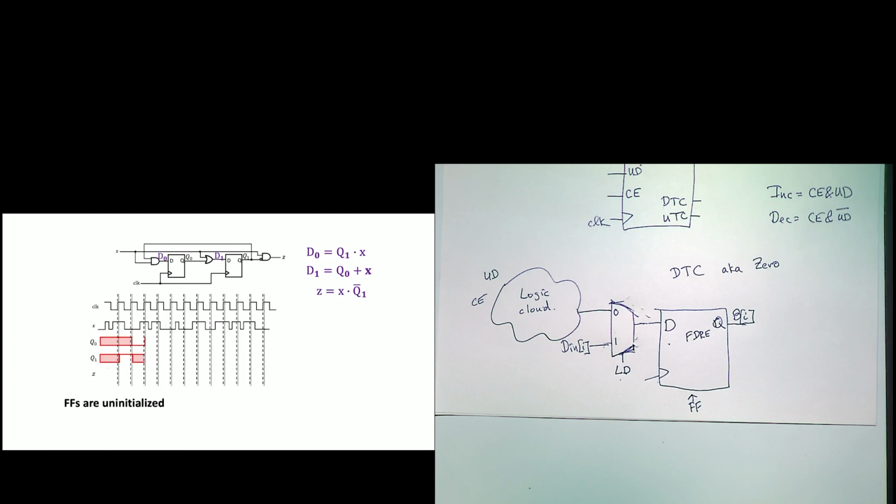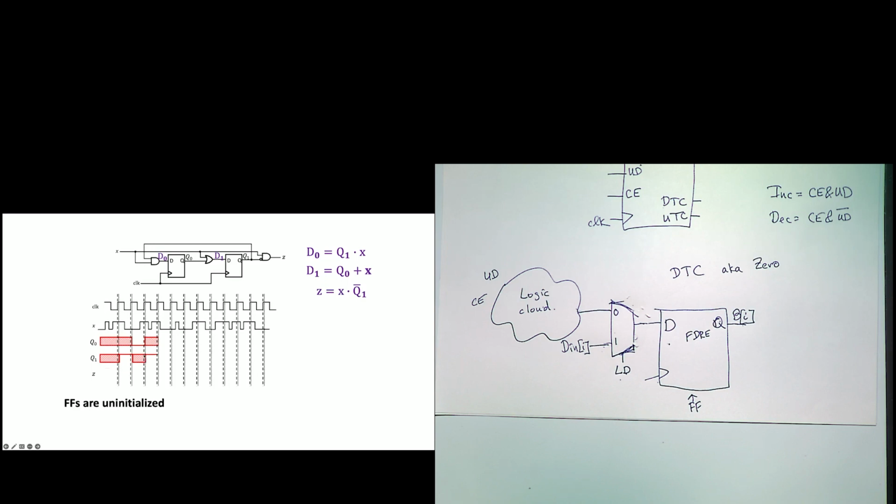Okay, so you can pass an unknown value back and forth. Okay, what happens here? X is 1, Q1 is unknown. Well, Q1 is unknown. Unknown. Okay, it passed its unknown back. Okay, what about Q1? 1.